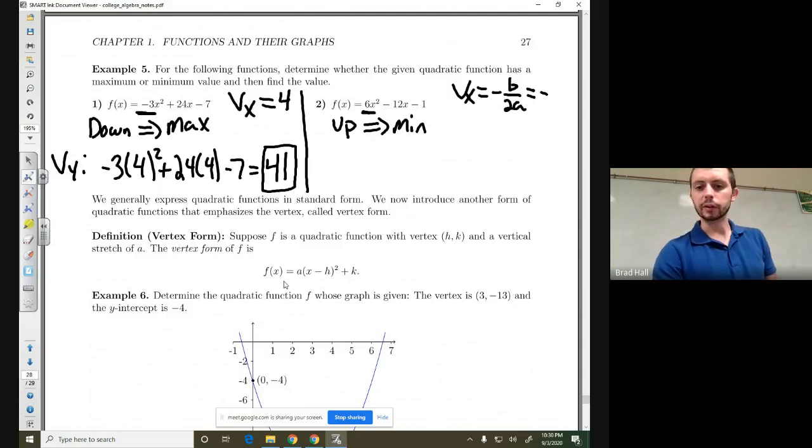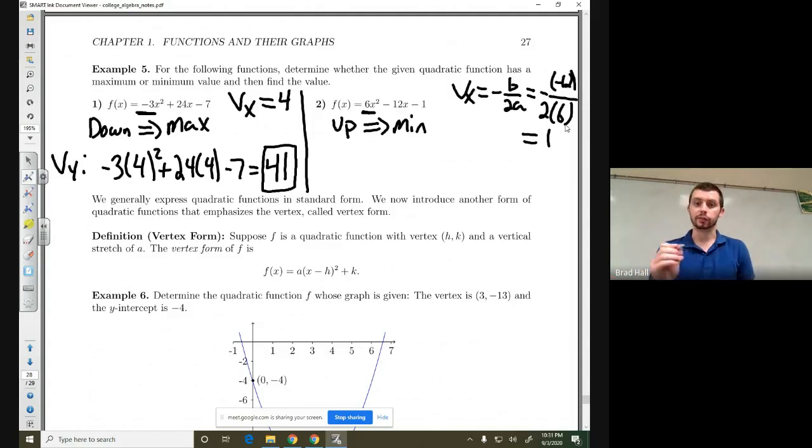So b here is -12. The a value is 6. So that just seems to be positive 1. It's minus negative 12, which is positive 12, divided by 2 times 6, which is 12. And we get 1. Now for the y-coordinate, we just plug in 1 into all the x values.